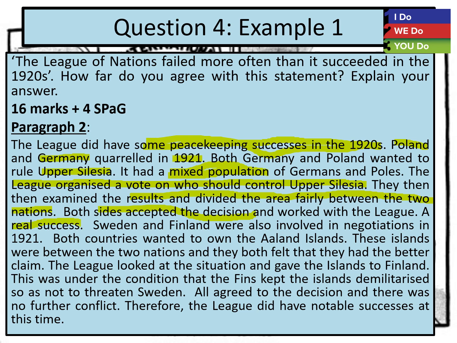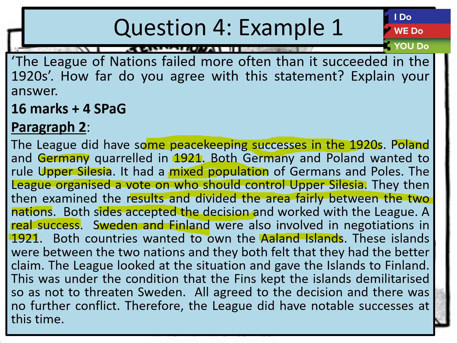So here, war was avoided between Poland and Germany because both of them saw that the League was working really hard and had organised a vote so it was fair, and therefore the result was accepted by both countries. Both got something out of it as well. Another success. Sweden and Finland were also involved in negotiations in 1921. Both countries wanted to own the Åland Islands.